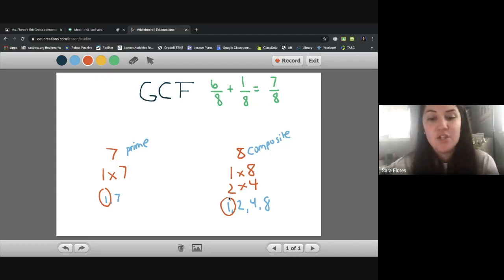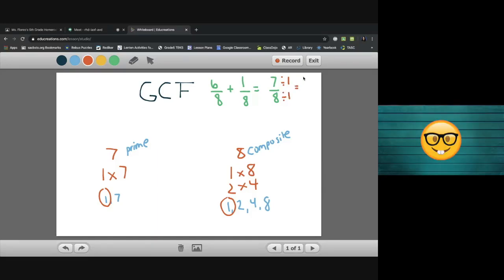Once you find your GCF, you're going to divide your numerator and your denominator by your GCF. So you have 7 divided by 1 and 8 divided by 1. 7, and 8 divided by 1 is 8.